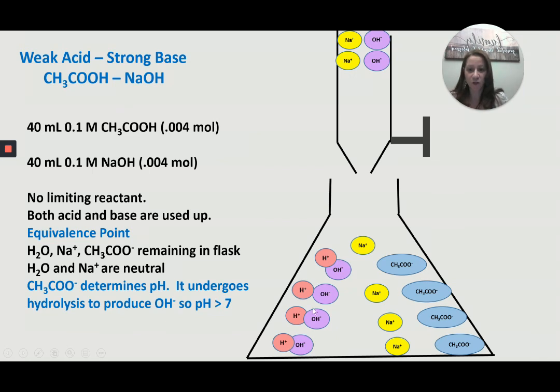So I just have some water, some sodium ions, and some acetate ions left. Water and Na pluses are neutral, of course. They don't affect the pH. The only thing that affects the pH that's left in my flask is the acetate ion. So you do the hydrolysis equation and an ICE chart and get the pH from that, and it's going to be over 7 because the acetate ion undergoes hydrolysis and gives off OH minuses.